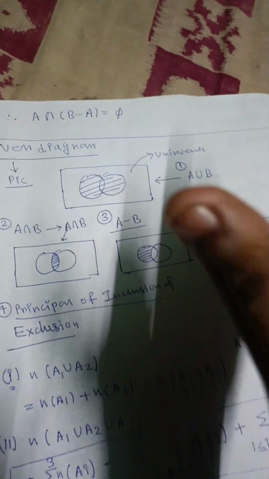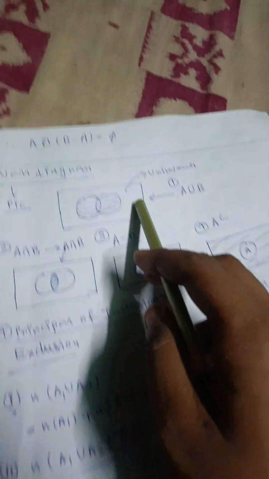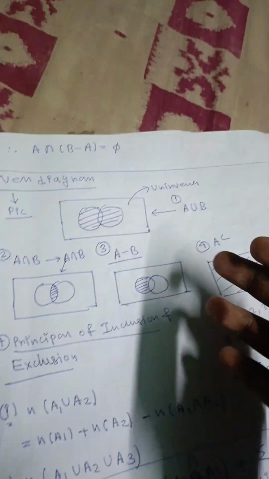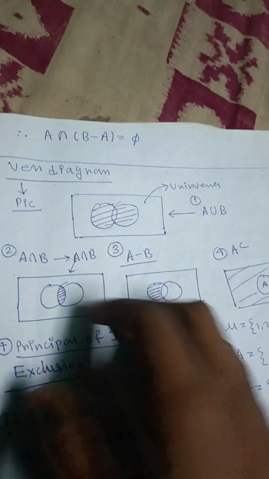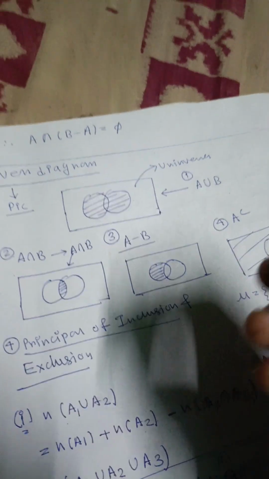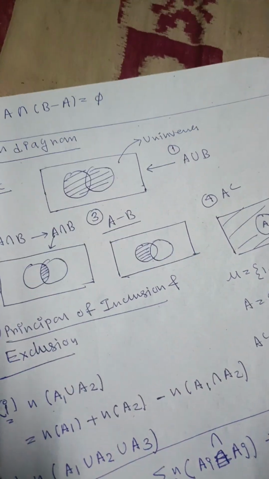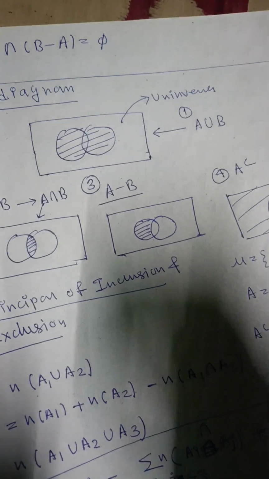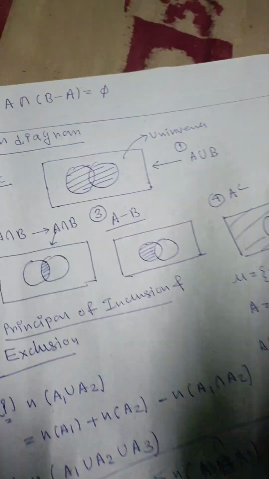In any maths, if there are sets, the rectangular box signifies the universe. What is the universe? Universe means every number, every element, every set. The biggest set you can imagine, like 1 to infinity. Universe means it has everything.